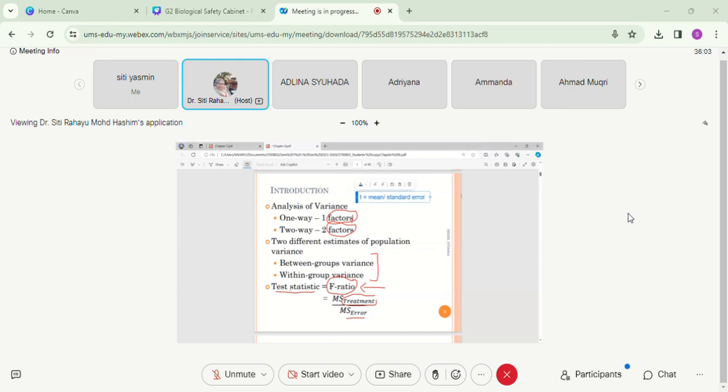So if you still remember, the standard error is the standard deviation divided by the square root of n. How do I put the square root? Can't use it. The square root of the standard error.